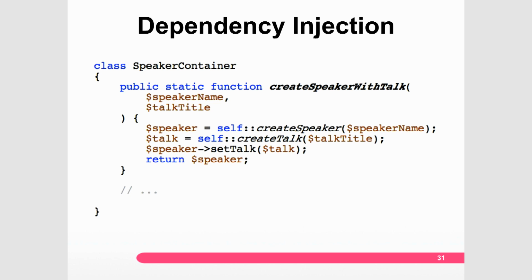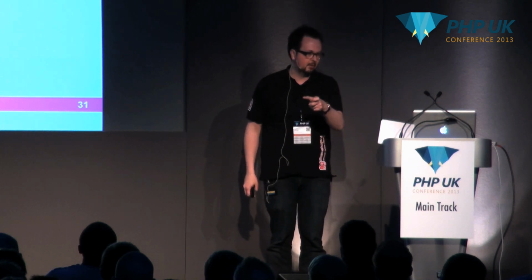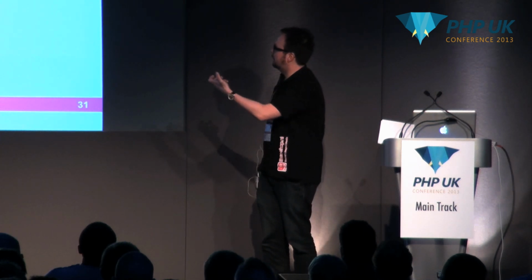And nowadays, I think most modern frameworks have ways of implicitly saying which objects are connected together through XML files, for example. So you could just define in an XML file a speaker object has a property tag, and that would work. There are several solutions for that.